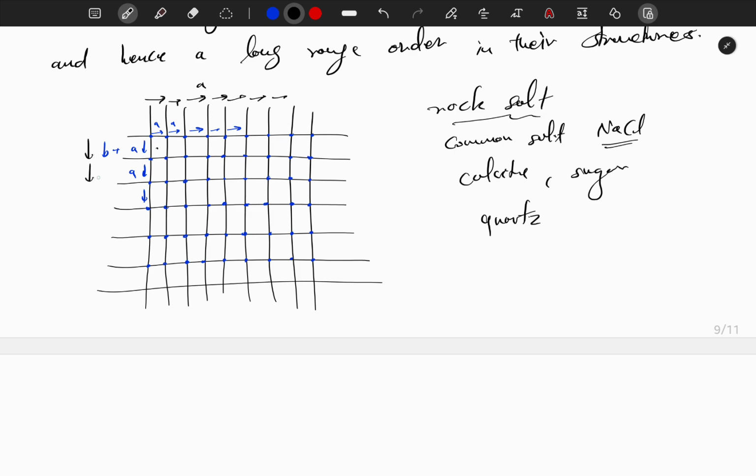But in these other directions the bond length may be different. Due to this there will be different properties in different directions.